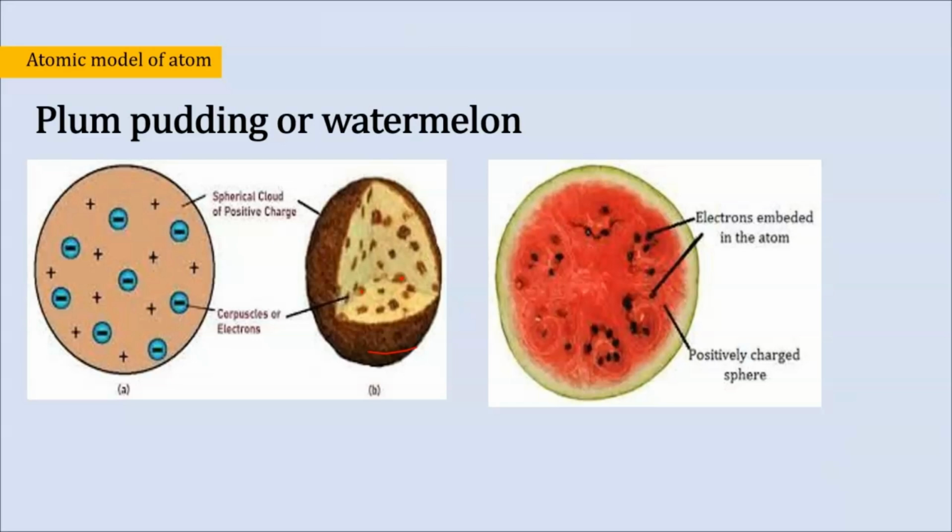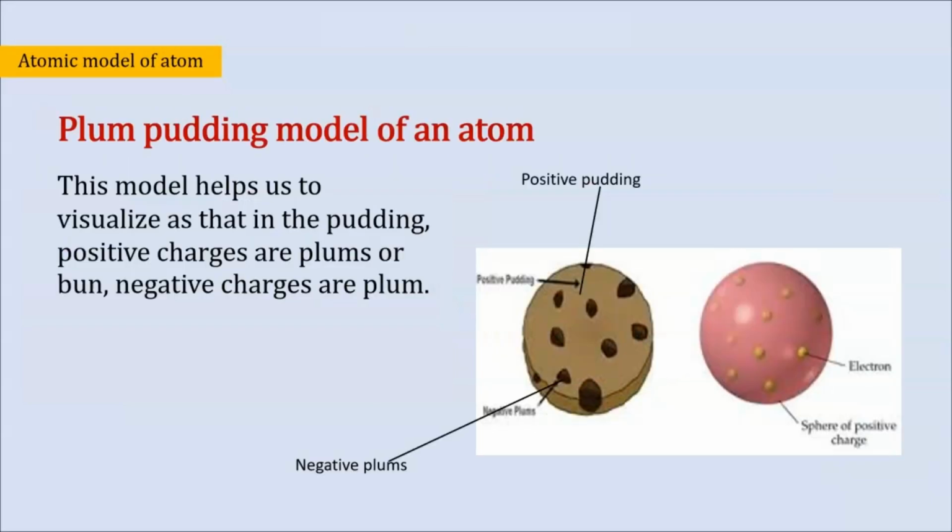That means the whole atom consists of positive charge, and in the positive charge the electrons are embedded. Just as the seeds are embedded in the watermelon, the same way the electrons are embedded in the atom. This model helps us visualize it.